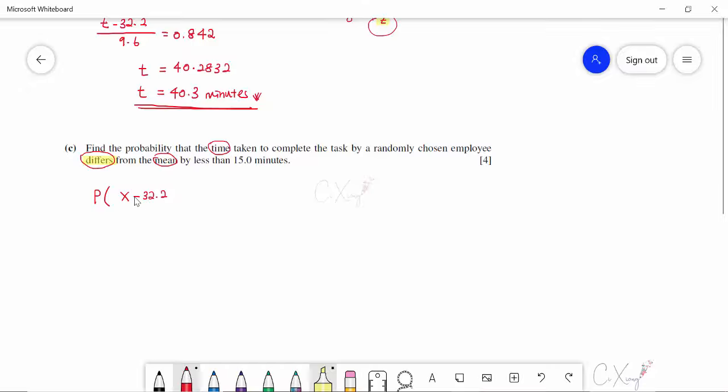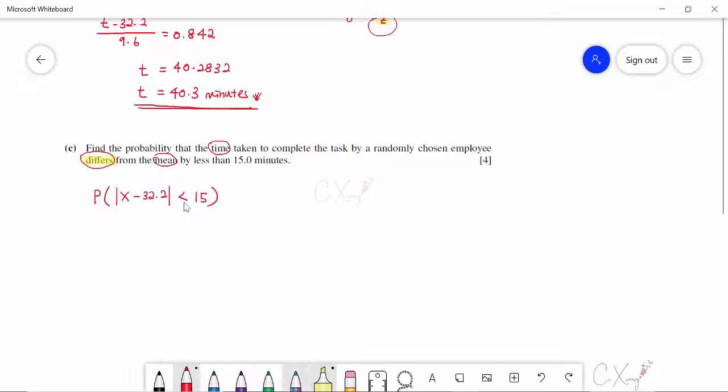Because that's the difference between these two things, it can be either one. To write it in a correct way, I usually put a modulus. The modulus means it can come from both directions. So differ always means that it comes from two directions, and less than 15 minutes means the difference is less than 15 minutes. This is how I usually write out the symbol when the question involves the keyword differ.